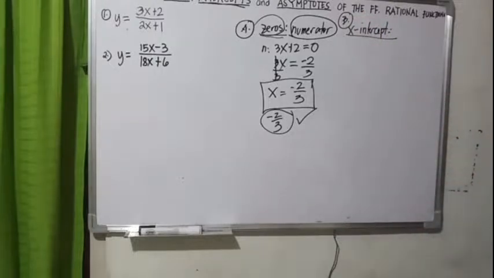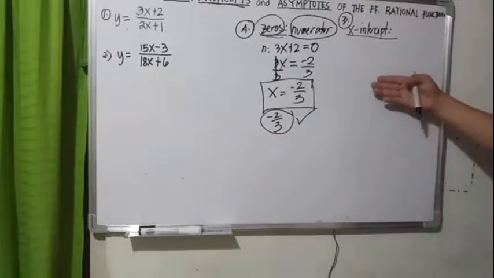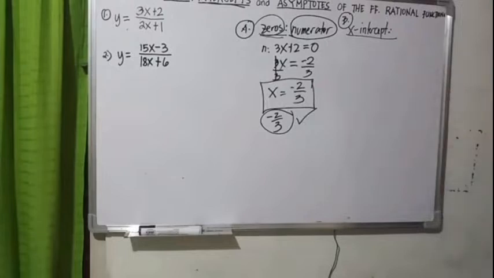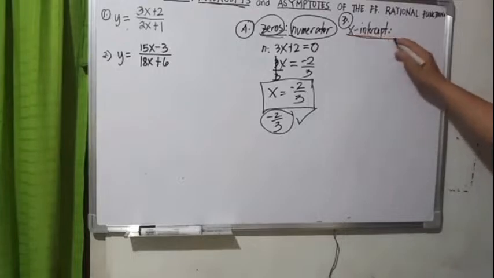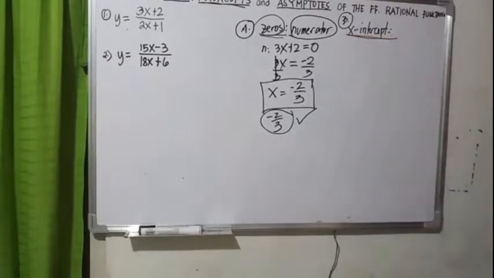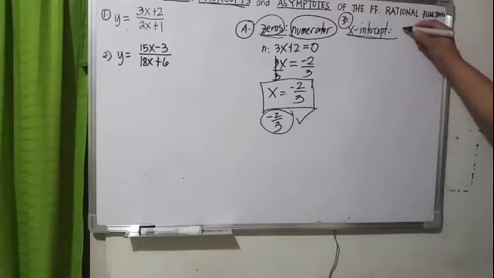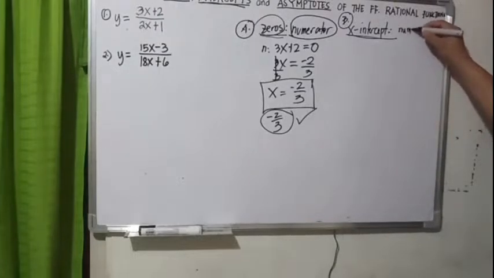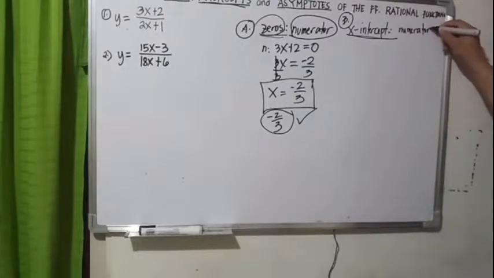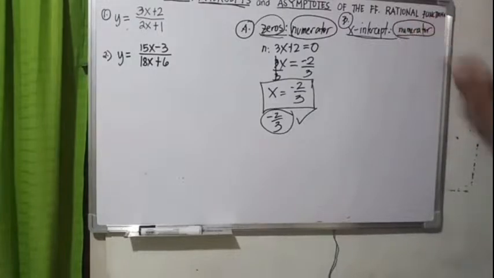To find this value or this x-intercept, substitute 0 for y and solve for x. Okay, substitute 0 for y and solve for x. Ito yung shortcut natin. Pag x-intercept, naka-base tayo sa numerator pa rin. Numerator. Okay, naka-base pa rin tayo sa numerator.